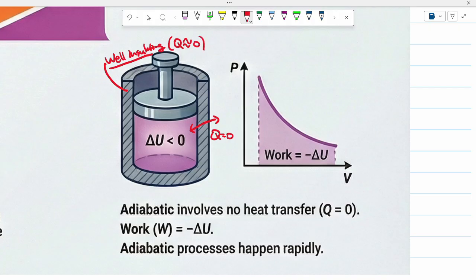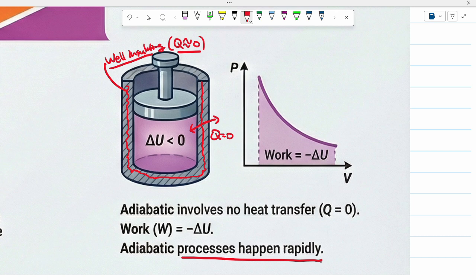Now, if it takes a long time for the process to happen, in any realistic material there's going to be some heat conduction, if nothing else, even radiation. So in order to make sure this heat transfer is as close to 0 as possible, the process has to happen rapidly, so that at the end of the process, the amount of heat transferred is negligible.